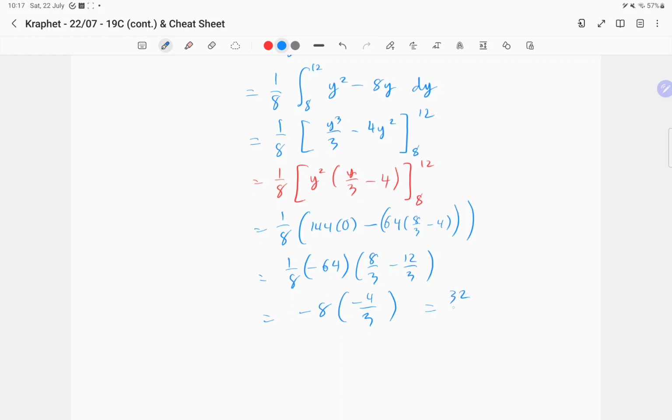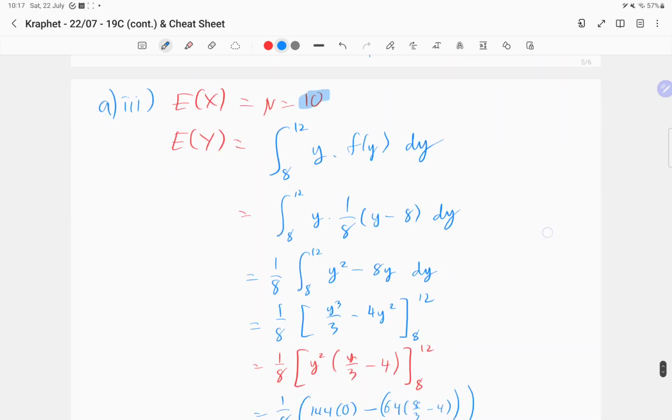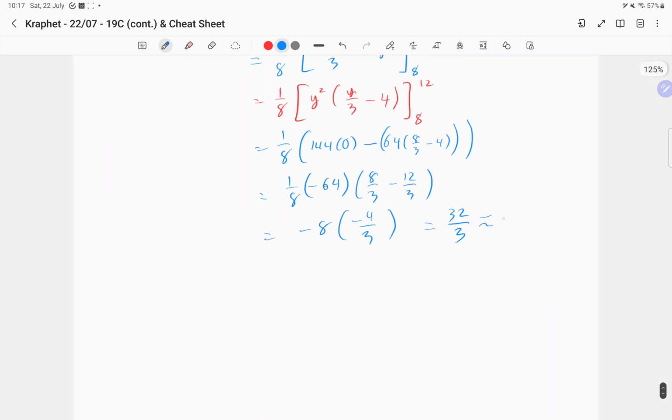So that would be 32 over 3. That's the expected value, roughly a bit less than 11, so 10 point something. Roughly 10.667 seconds. This is the expected value of the second machine.